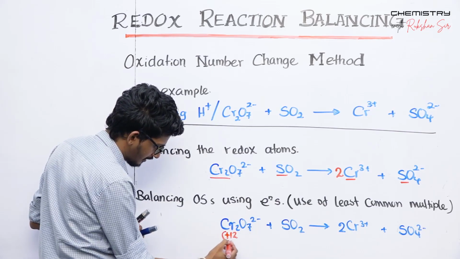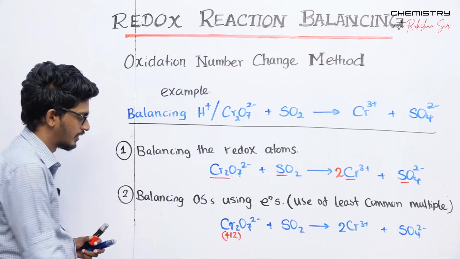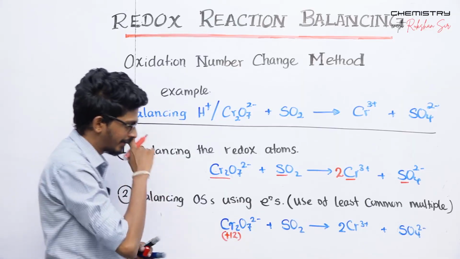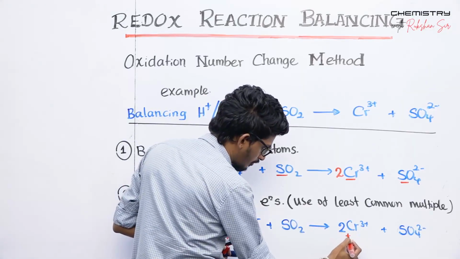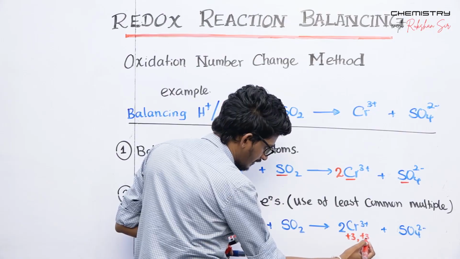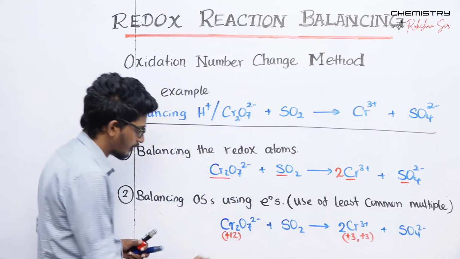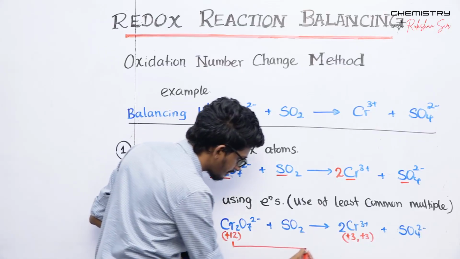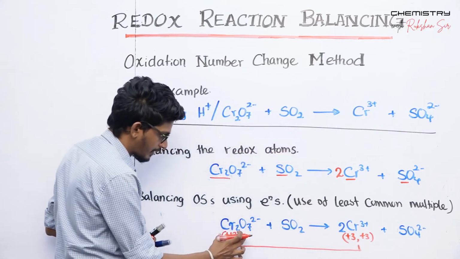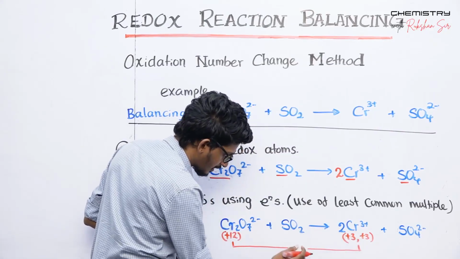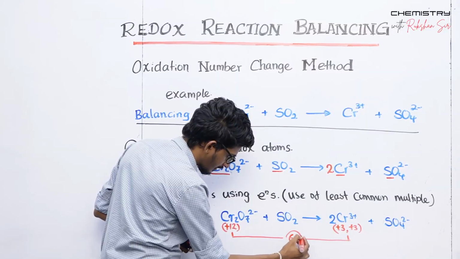That plus 12 is the summation of oxidation states for dichromate. Here you have 2 of plus 3 ions. So the oxidation state difference here is how much? Plus 12 to plus 6, that means a 6 electron difference.